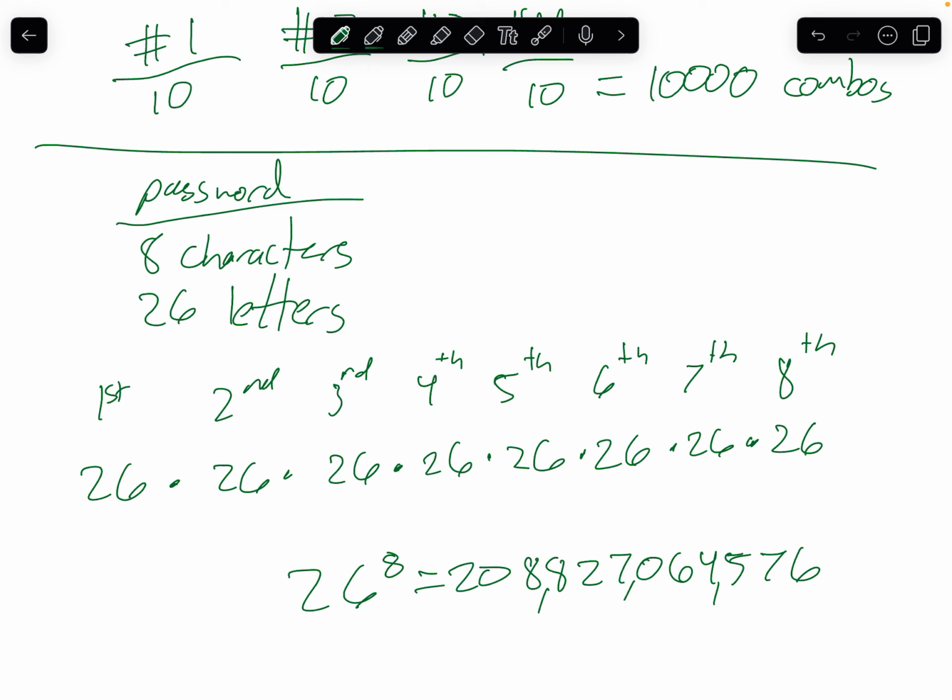Okay, and that is just 8 characters of 26 letters. When we start adding in numbers, special characters, including capital letters, that size continues to increase dramatically. Okay, that's our lesson today.